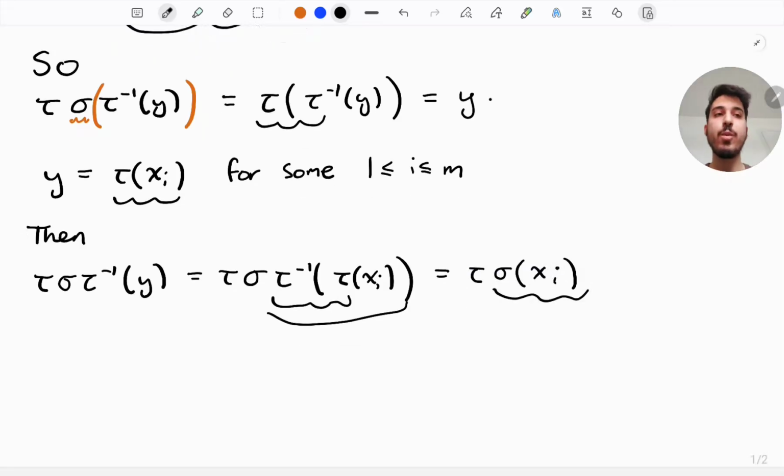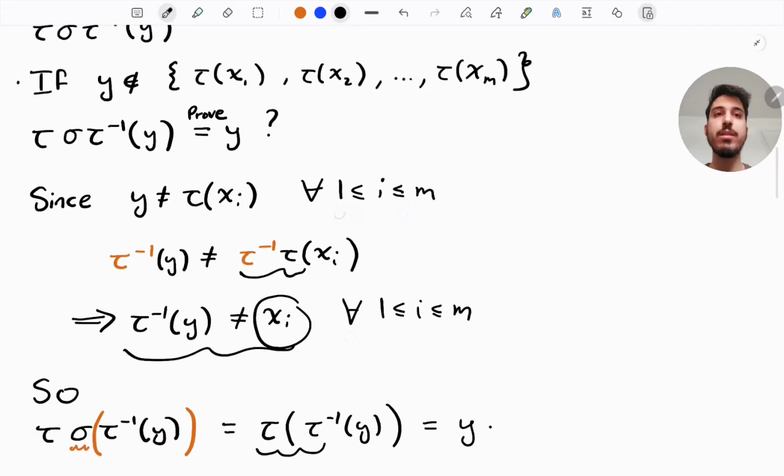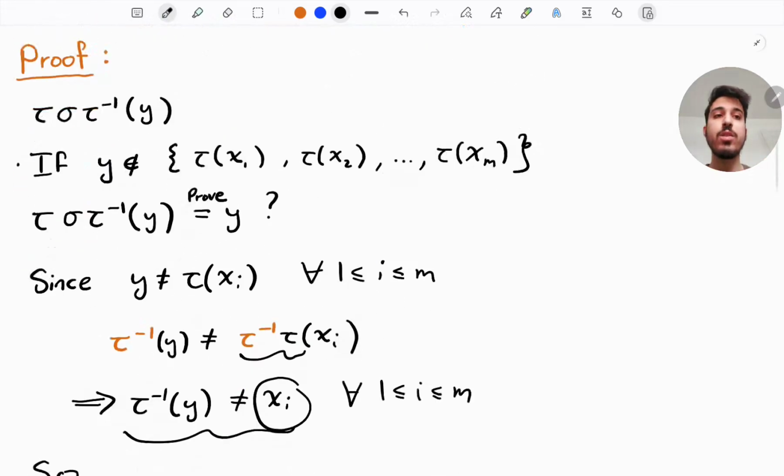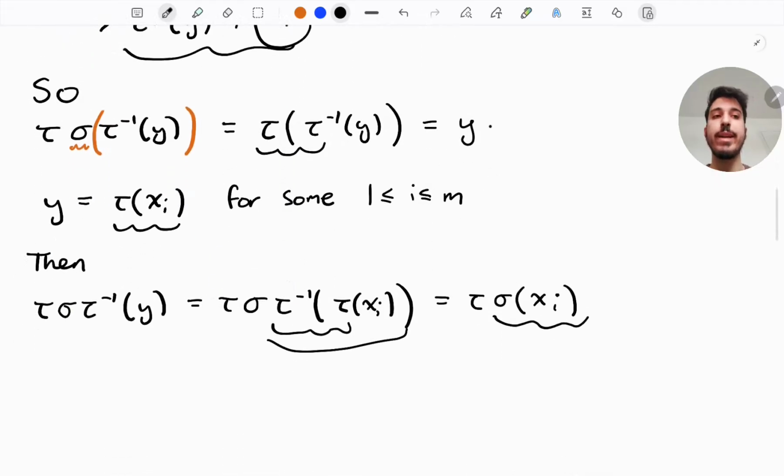And now we use the definition of sigma. So we go back and see that sigma sends each xi to xi plus 1. For example, x1 is sent to x2 by sigma, x2 is sent to x3, so xi is sent to xi plus 1.